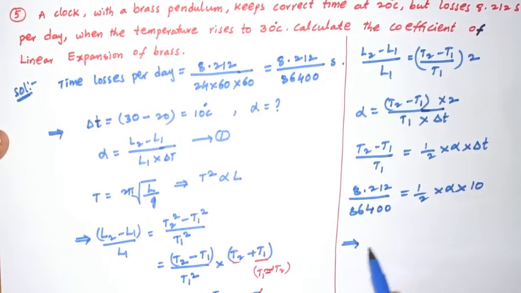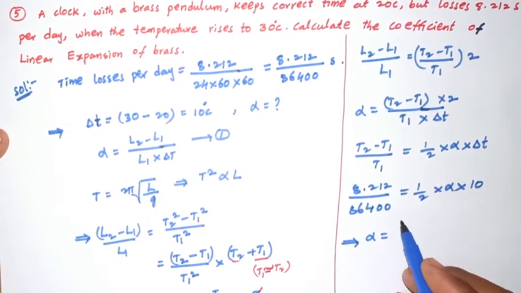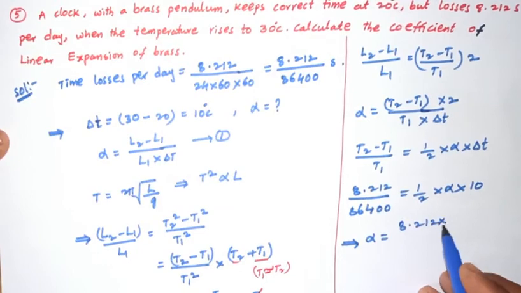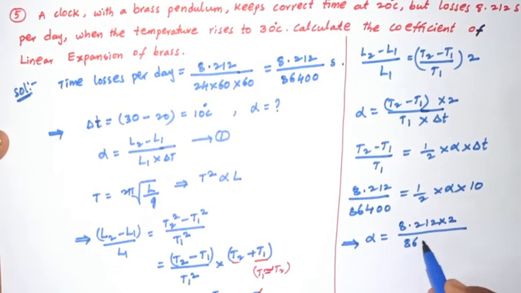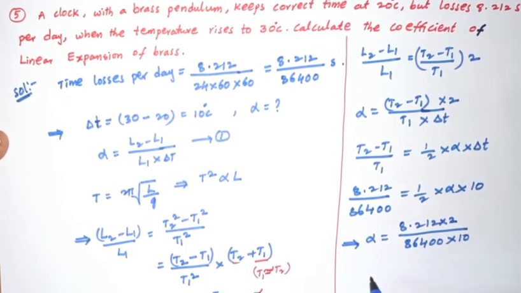So from this equation, alpha equals 8.212 into 2 divided by 86,400 into 10.